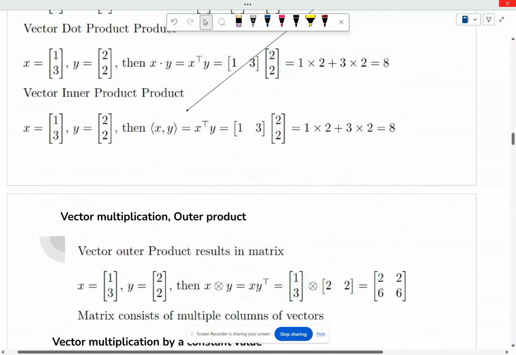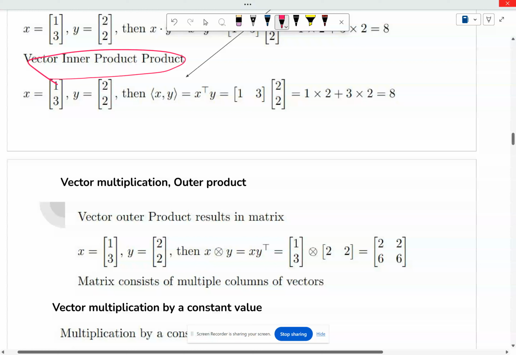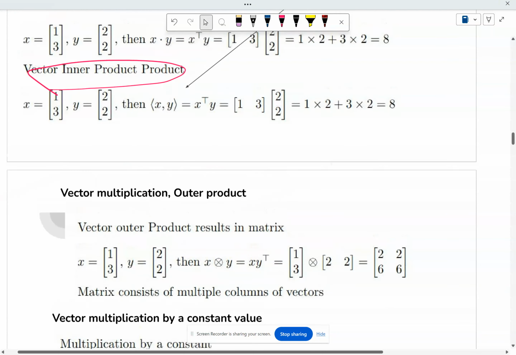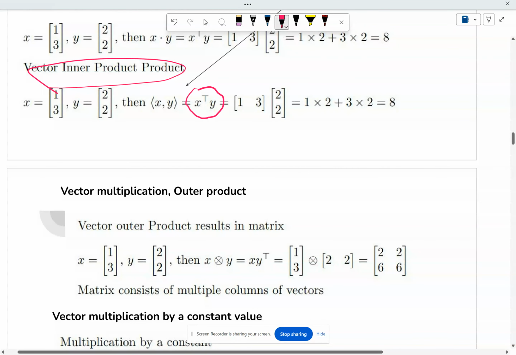So now that we did three products, there's a fourth one. We just did the inner product. Now there's another one called the outer product. Remember the inner product is x transpose y. The outer product uses this symbol here. Notice how the transpose is on the outside, not on the inside anymore. Therefore, when we write them together, we essentially have a column and a row.